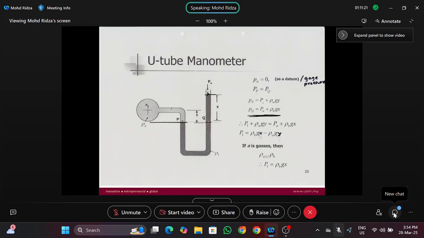The second question, what is PP, the pressure at P? Can I ask you, the pressure here, here, here, here, here, is it different?